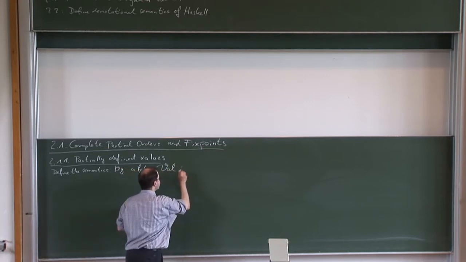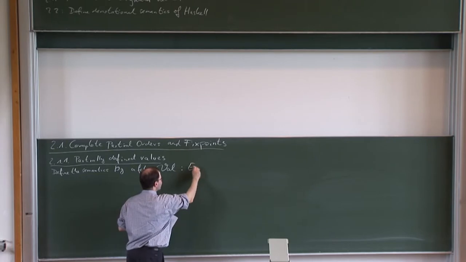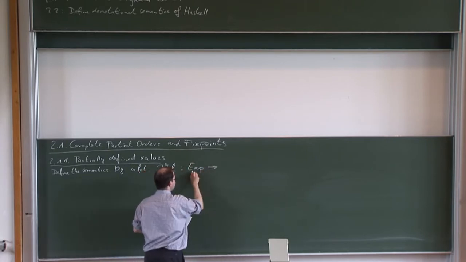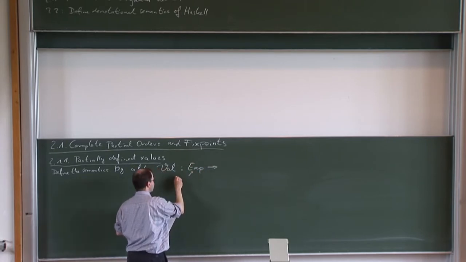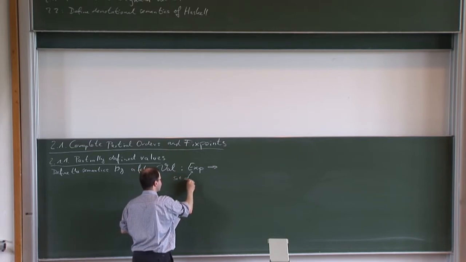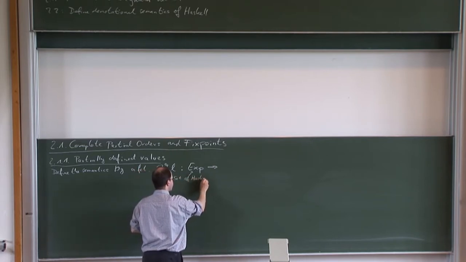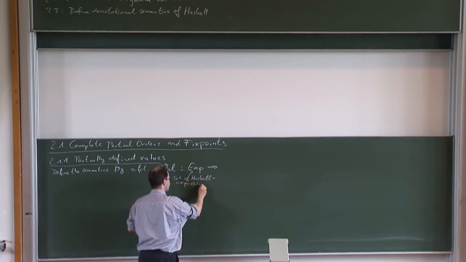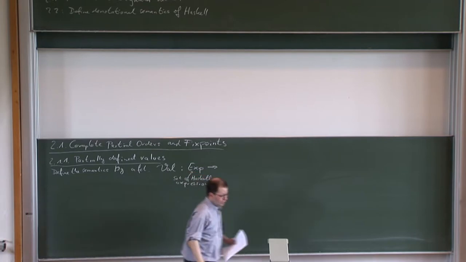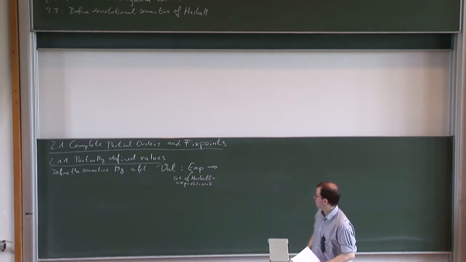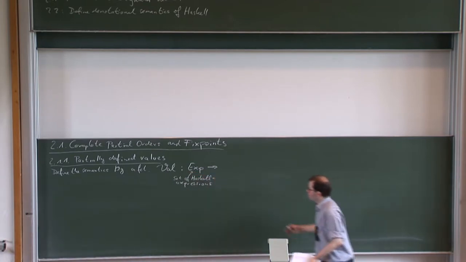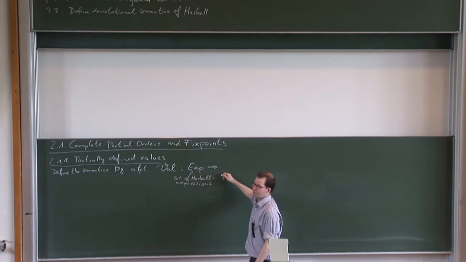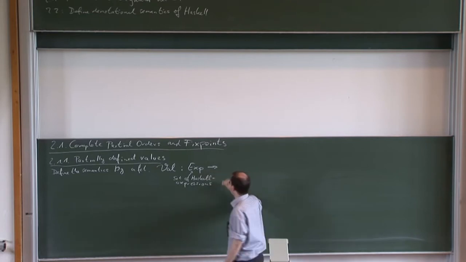Basically what this value function does is it takes an expression, so this is the set of Haskell expressions, and it maps every Haskell expression to some mathematical object. For example, a number or a list of numbers, something like this.